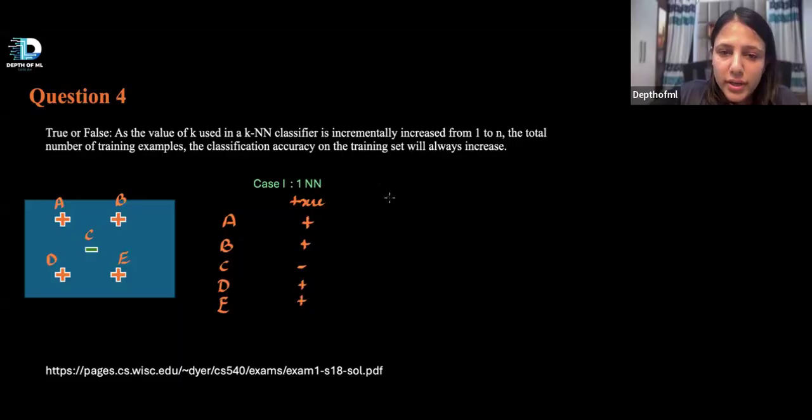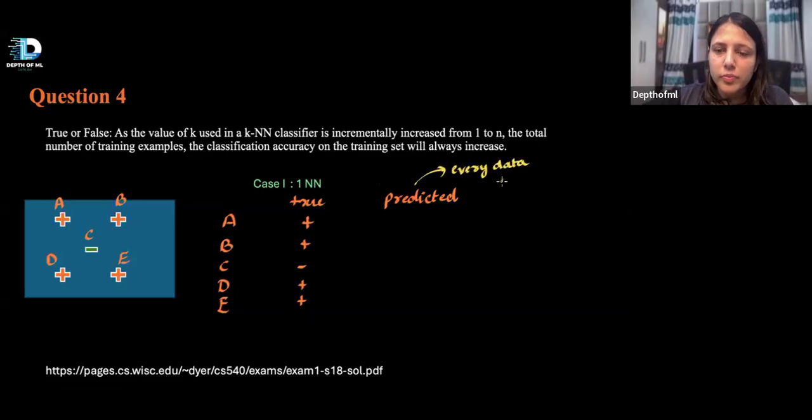If I'm going to take 1NN, what will be the predicted label? It will find the nearest neighbor of this training data point. And in this particular case, because we are classifying only the training points, with 1NN every data point will be the nearest neighbor of itself.